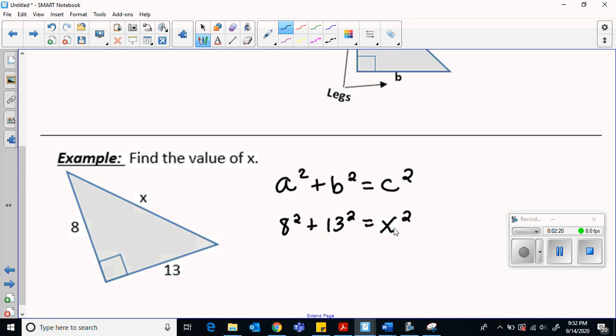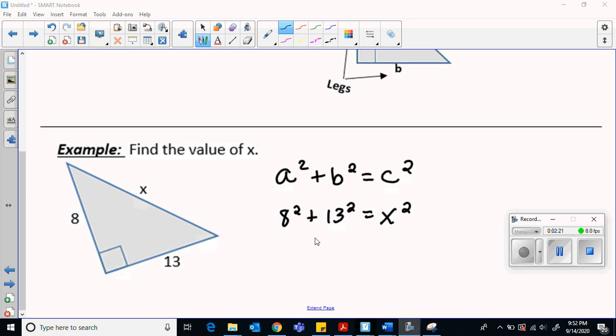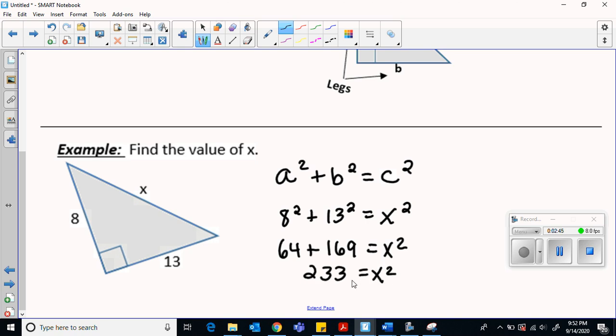Then we solve that. 8 squared is 64, plus 13 squared is 169, equals x squared. Now we add those up. 64 and 169 gives you 233. So 233 equals x squared.